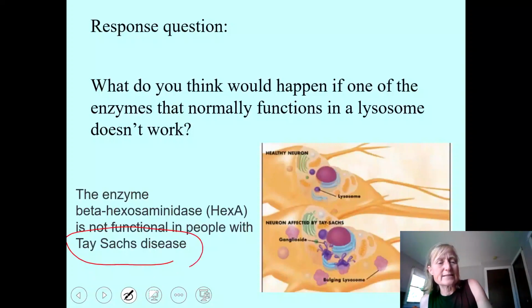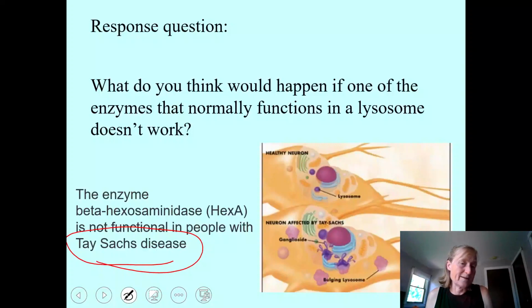People with Tay-Sachs disease have an enzyme that's broken, and that enzyme normally exists inside lysosomes. People with Tay-Sachs disease don't usually live to be more than 4 or 5 years old.